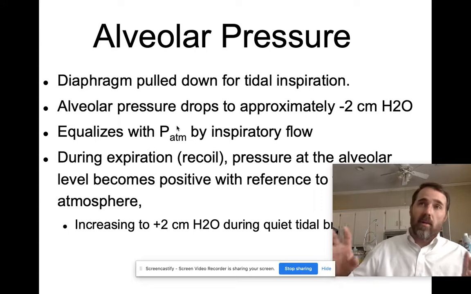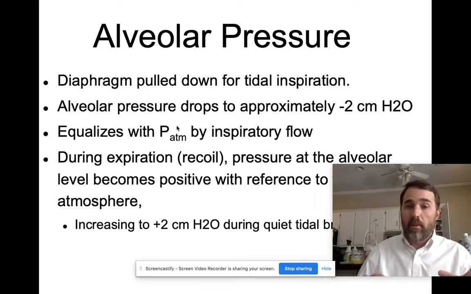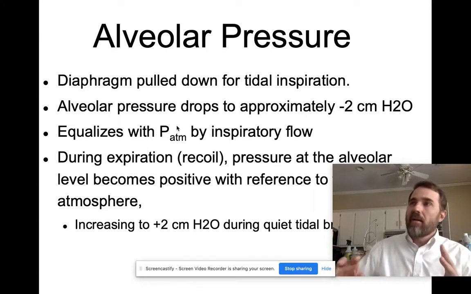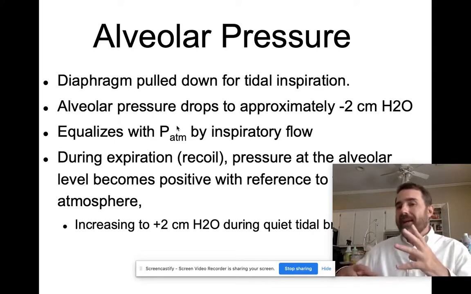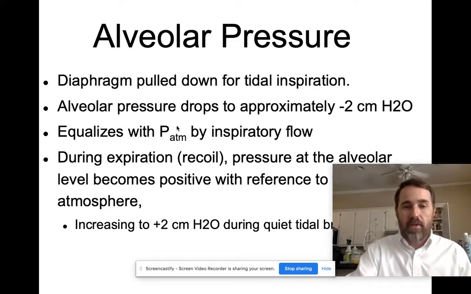And air is always going to move from areas of higher pressure to lower pressure. So now air is going to move outside of my body for expiration.